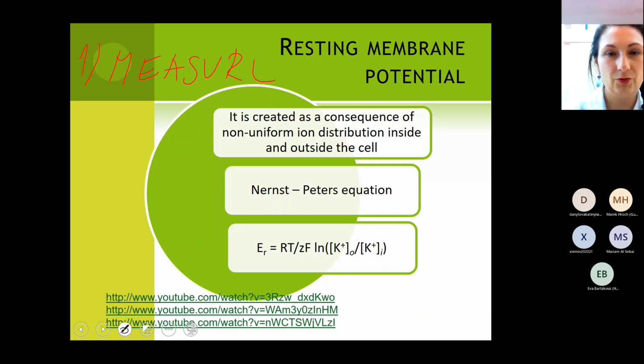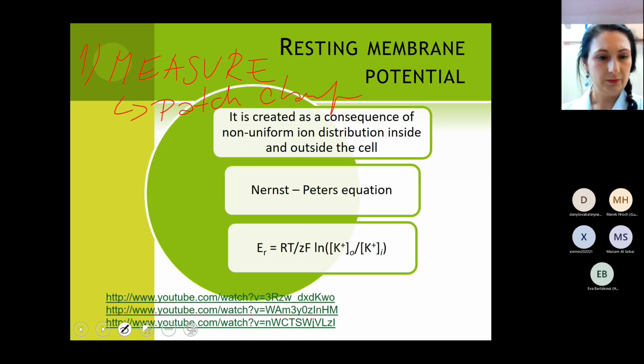For the measurement of the plasma membrane potential, we use a special electrochemical technique, which is called patch clamp. So the patch clamp technique, maybe I will find a picture in Google.